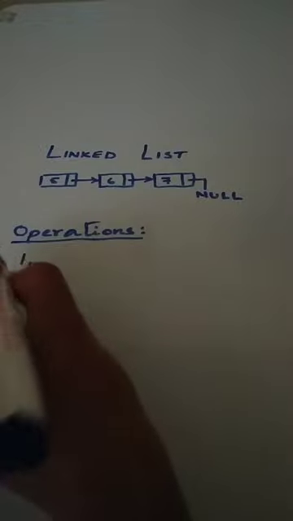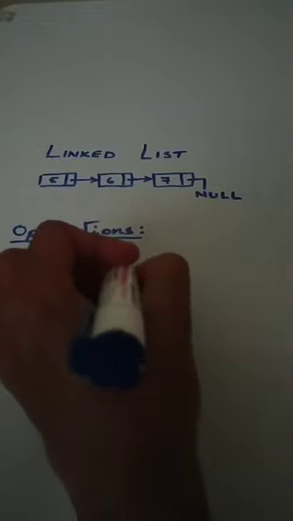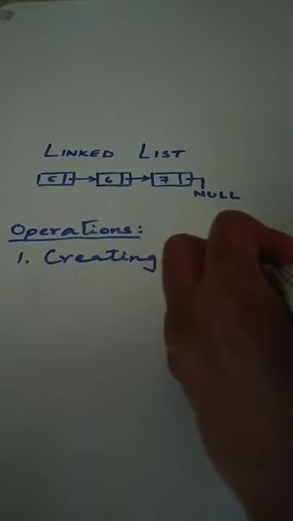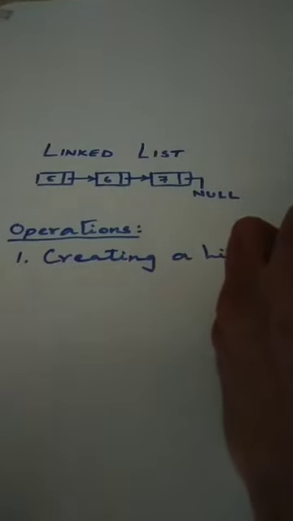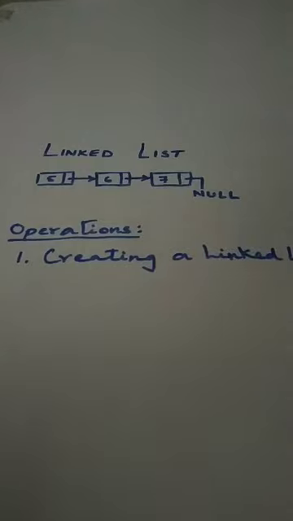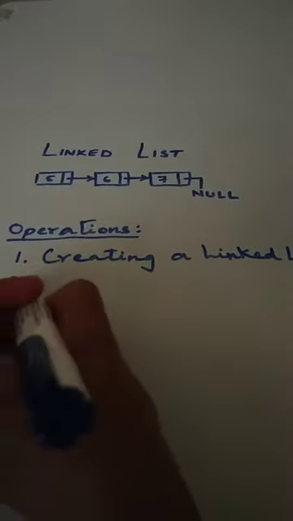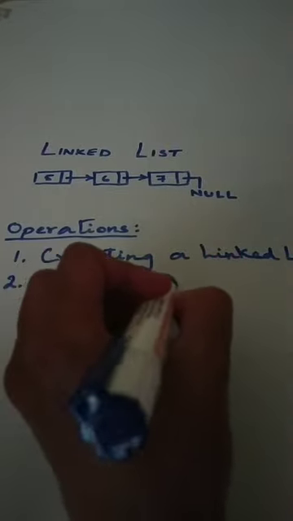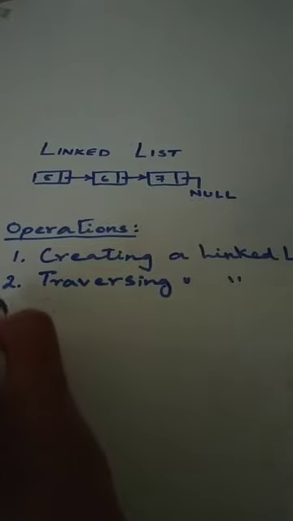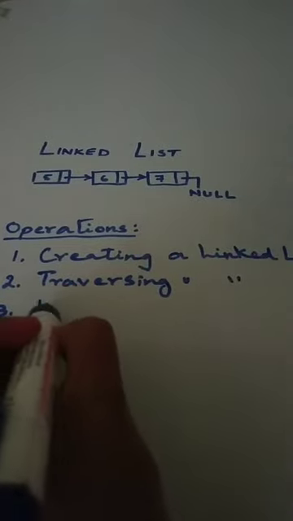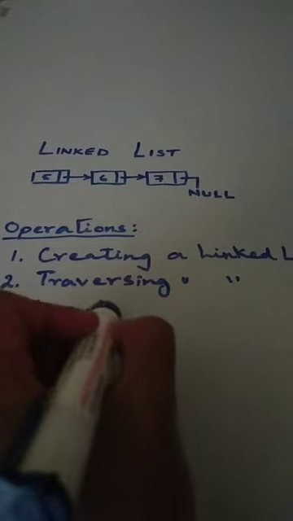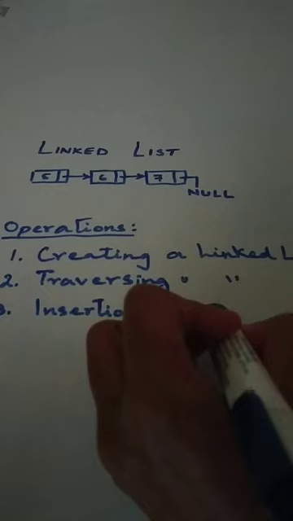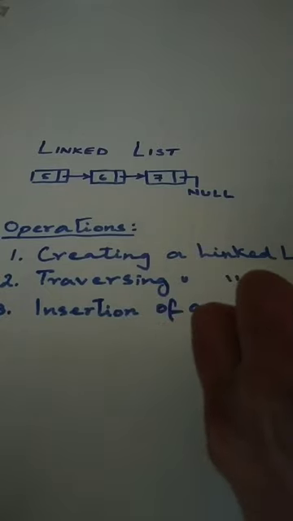The first one is creating a linked list. So that's the first operation, creating a linked list. The second operation is traversing a list. The third being insertion of an element into the list.